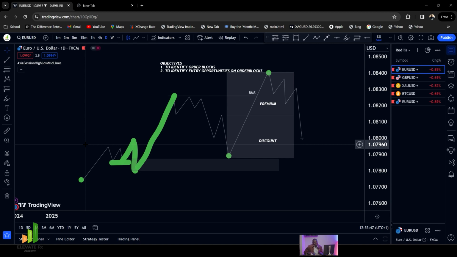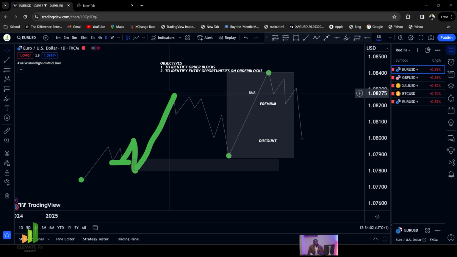You understand what that means now. So now what we have is we've seen a manipulation. We've seen how smart money has taken out those initial buyers in the trade so that they can get involved at even cheaper prices, and they've taken prices higher.